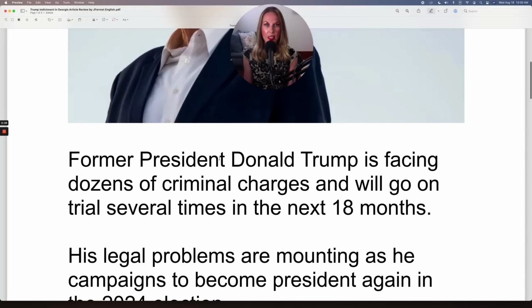Former President Donald Trump is facing dozens of criminal charges. Here, dozens. What's 1 dozen? 1 dozen is 12. So this is a common size when maybe you're buying some buns, cinnamon buns.